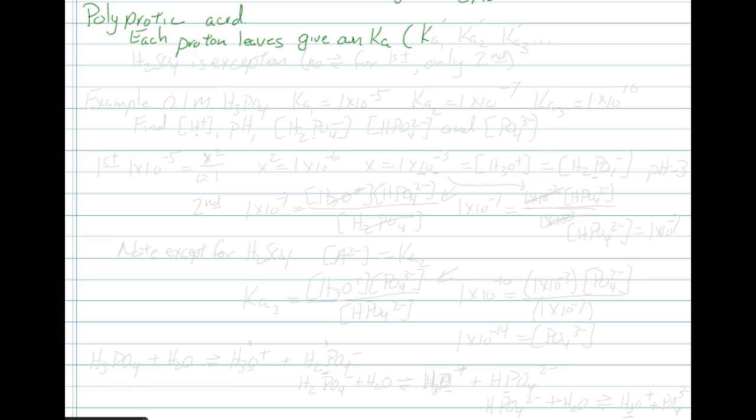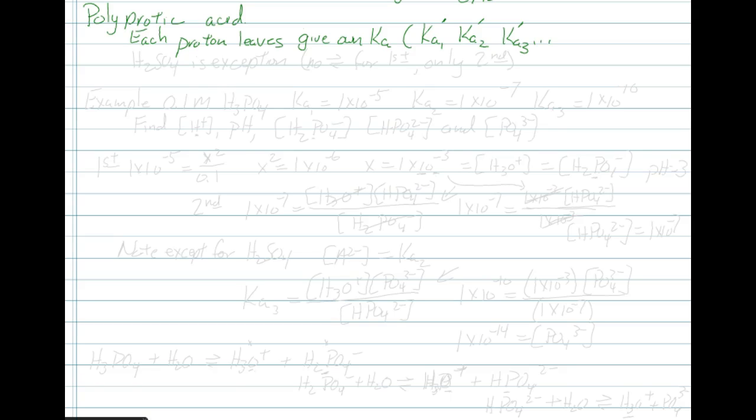The first one leaving is Ka1, the second one leaving is Ka2, the third one is Ka3. This is going to be the greatest value of Ka, this one will be smaller, this one smaller yet. So the value of the Ka is going to get smaller and smaller and smaller.